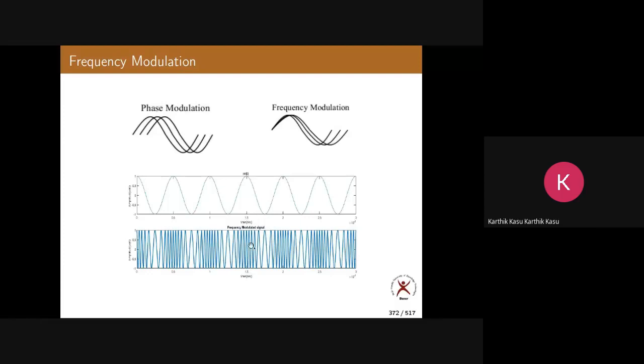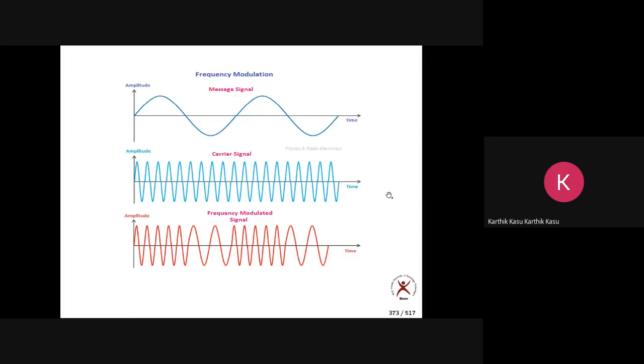Now this is a frequency modulated waveform. So this is what you can see here clearly. Here I have taken a sine wave as the message signal, and this is the carrier. Now this is the frequency modulated signal. You can see very clearly the amplitude is the same. Amplitude is not changing. What is changing?